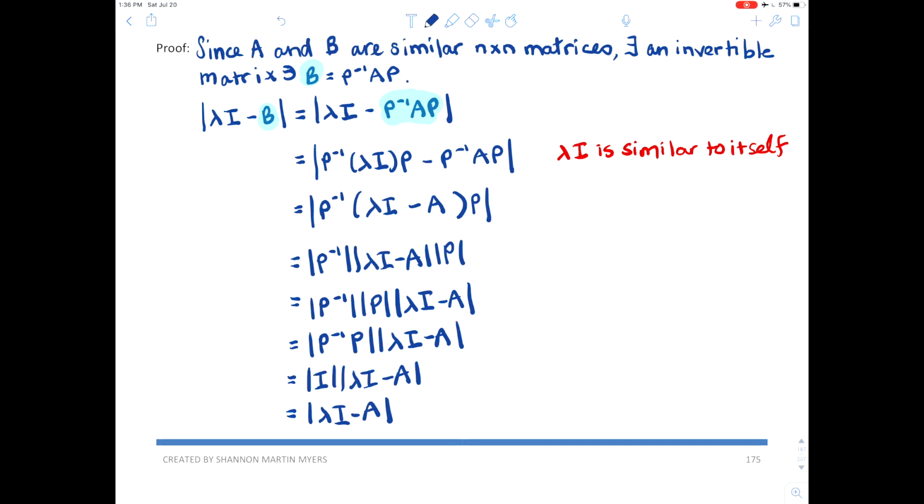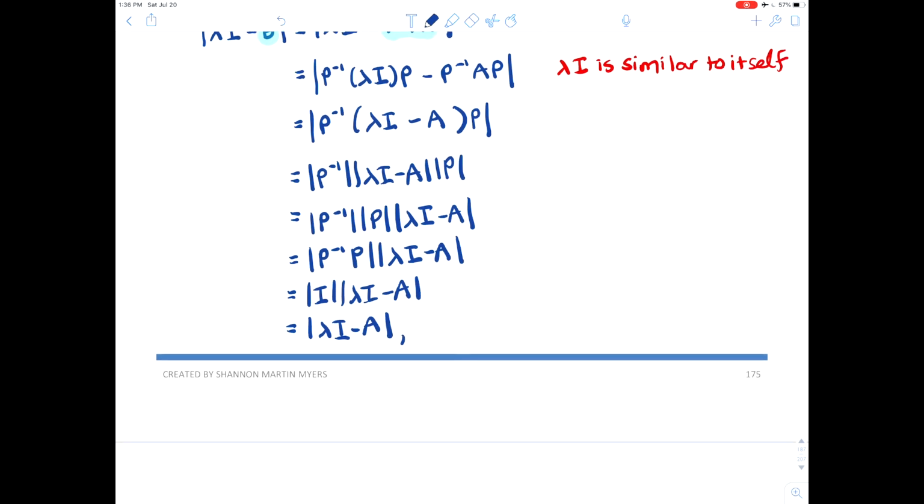But what is that? Beautiful. This tells us that A and B have the same what? Beautiful. Have the same characteristic polynomial, right?